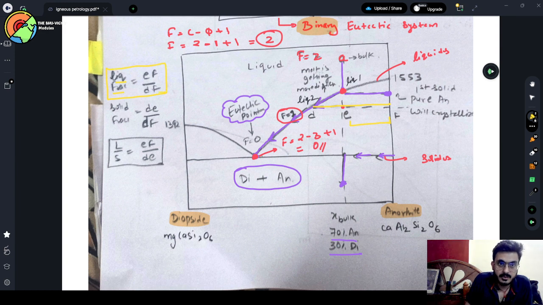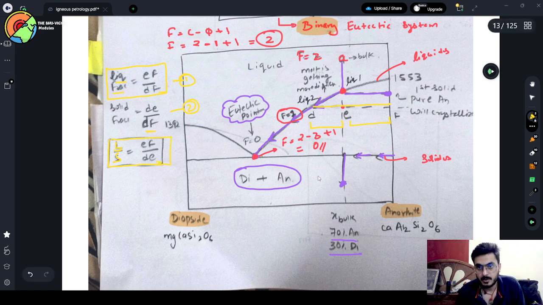Similarly, if you want to calculate the fraction of solid, we will go toward the liquid side, so it will be DE by total, that is DF. And for the ratio of liquid to solid, if you divide equation 1 by equation 2, you will get this formula.